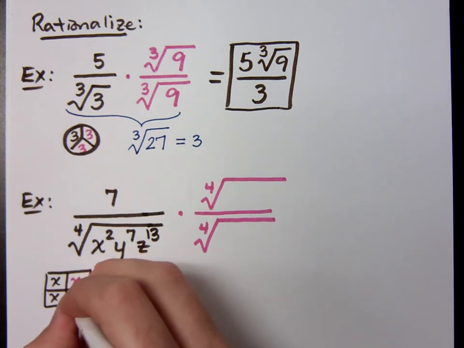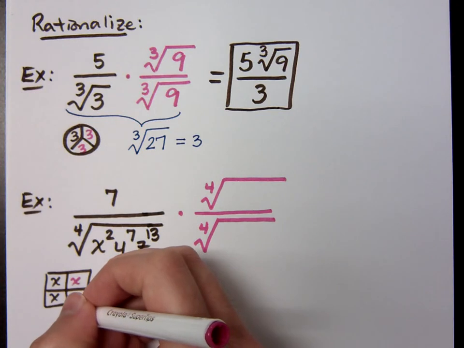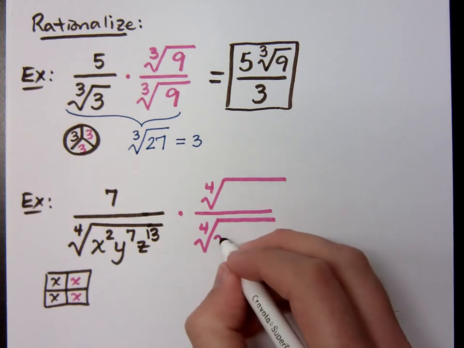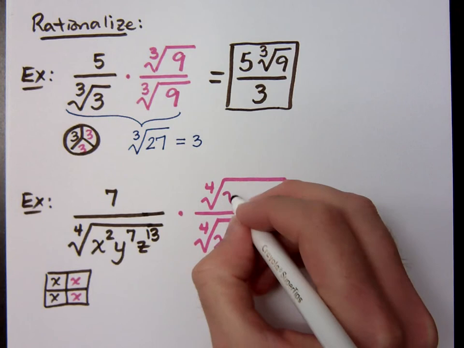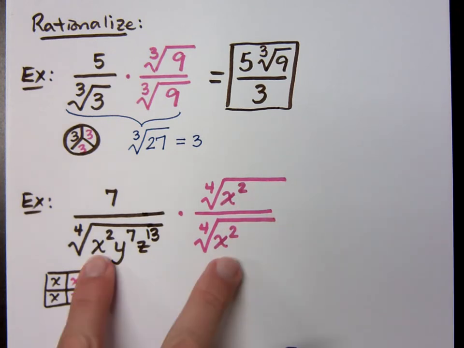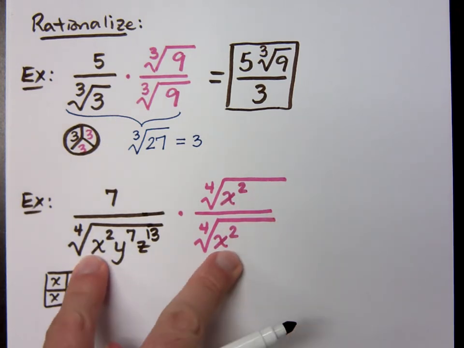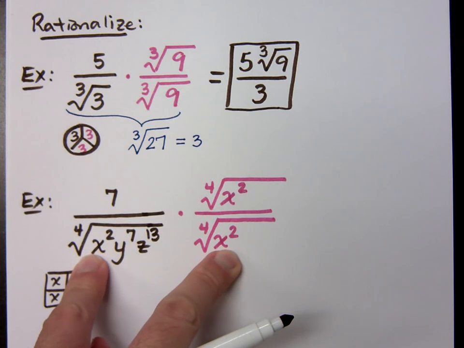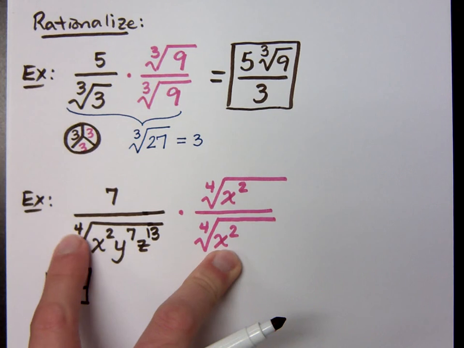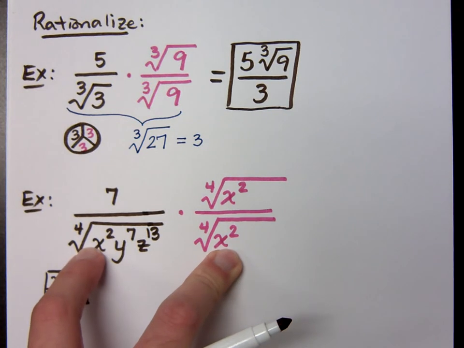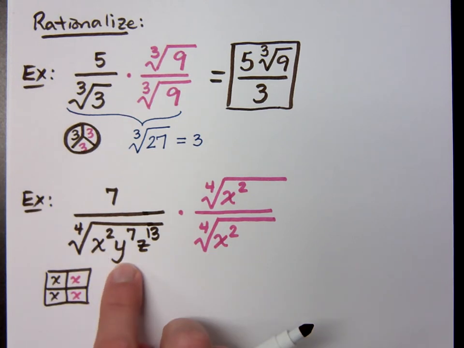I would need 2 more factors of x. So if I do x squared, what's x squared times x squared? X to the 4th. And if I have x to the 4th inside the 4th root, won't that simplify away to give you something nice and clean? Just x, right?